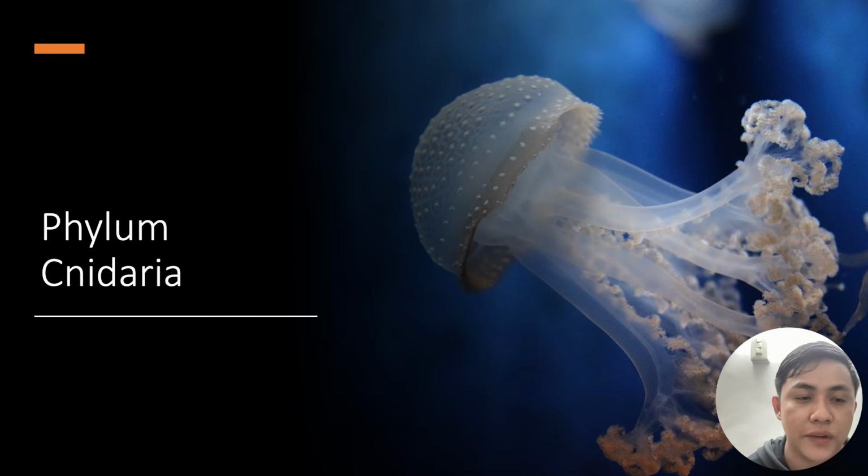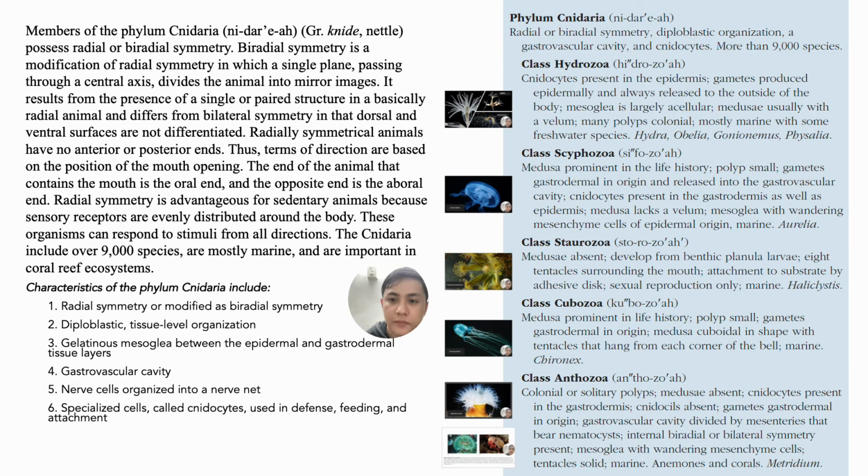Next, we have the phylum Cnidaria. Moving up in complexity, we have the Cnidarians, or the Coelenterata, which would include jellyfish, corals, sea anemones, and hydras. These animals exhibit radial or biradial symmetry, meaning their body parts radiate from a central axis.